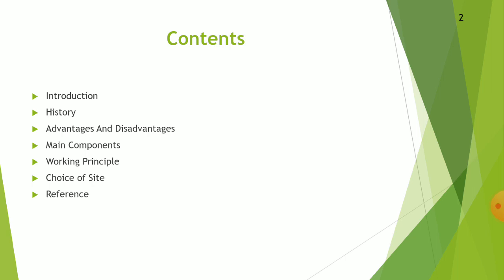The third content is Advantages and Disadvantages of Grand Coulee Power Station. The fourth content is the main components of that power station. The fifth content is Working Principle of Grand Coulee Power Station. The sixth content is the choice of site of Grand Coulee Power Station. And the last content is the reference.